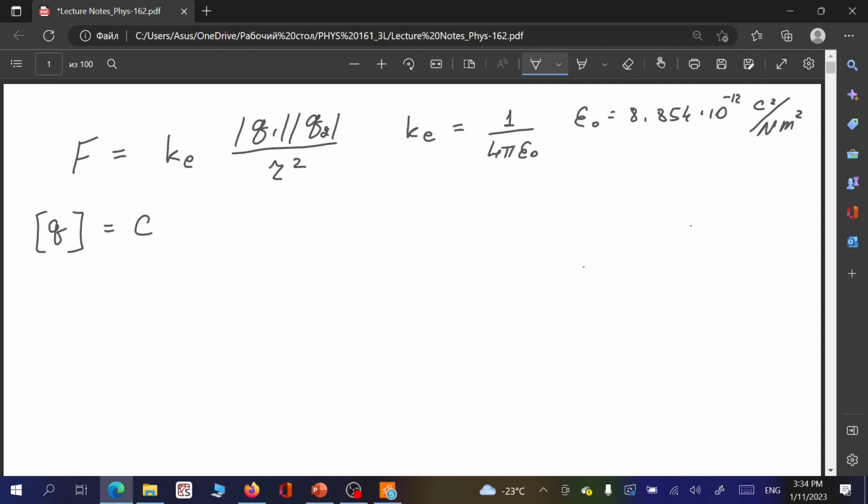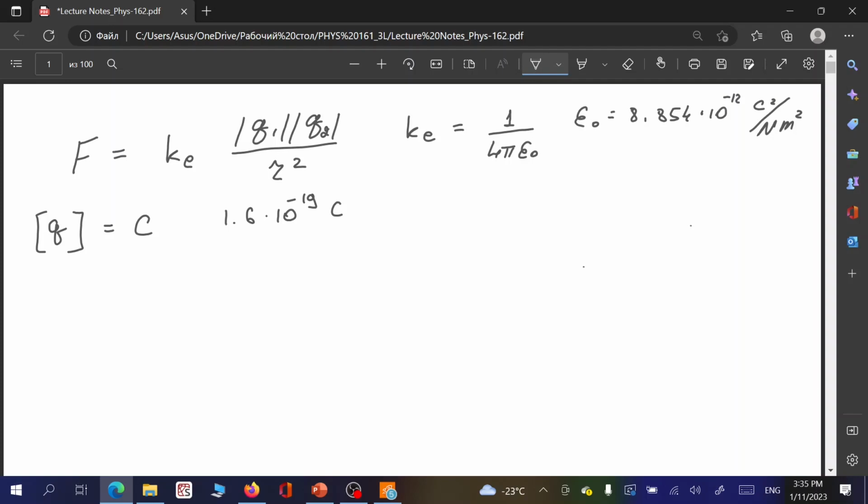If we recall that the charge of one electron is 1.6 times 10 to minus 19 coulomb, then 1 coulomb would result in something like 10 to 18 electrons. So that's quite a huge charge. We usually will operate with nano or micro coulombs, which is 10 to minus 9 or 10 to minus 6 coulomb, so much smaller quantities.